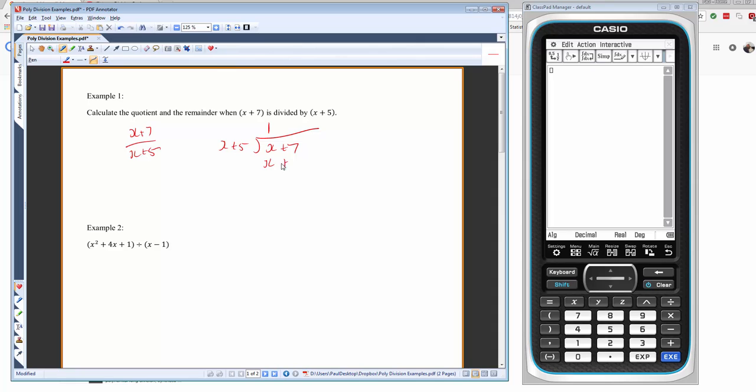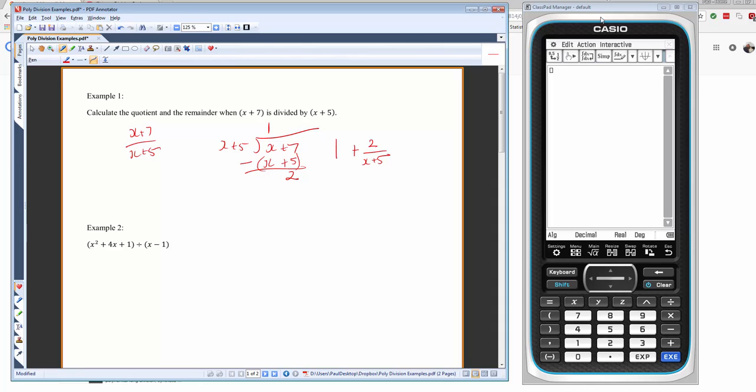One lot of 5 is 5. Maybe we were bracketing that off and subtracting. x take x was 0, and 7 take 5 was 2. So that basically means that x plus 5 goes into x plus 7 once, with 2 remainder, of which we were trying to put this x plus 5 into 2. And there's our answer.